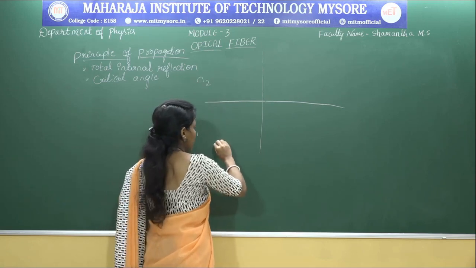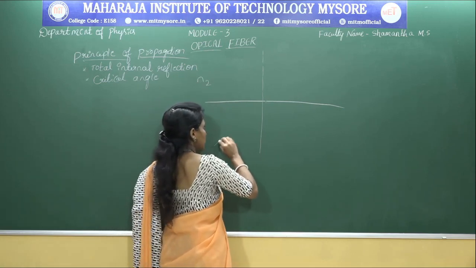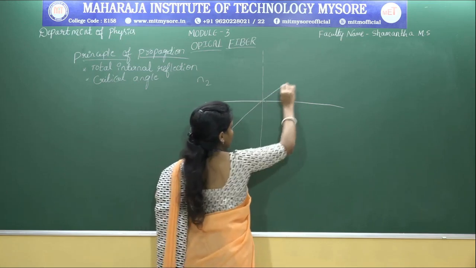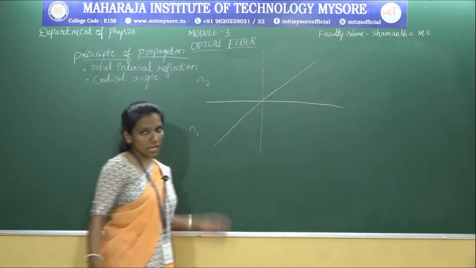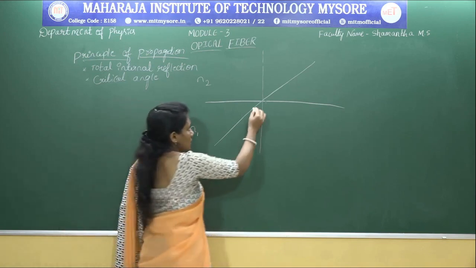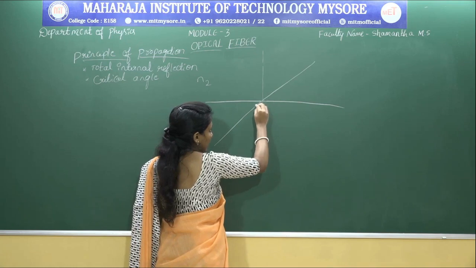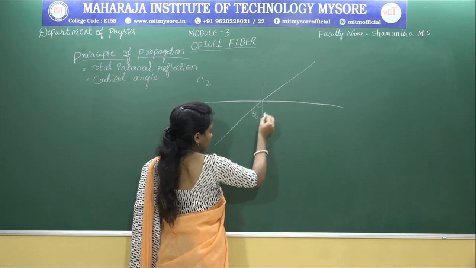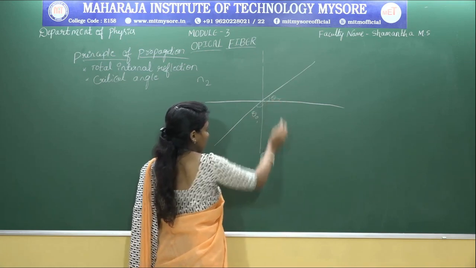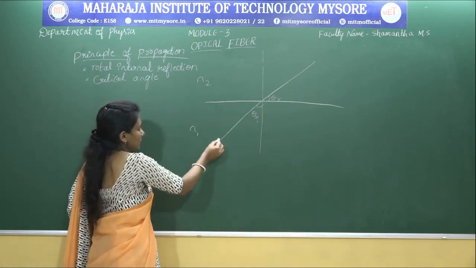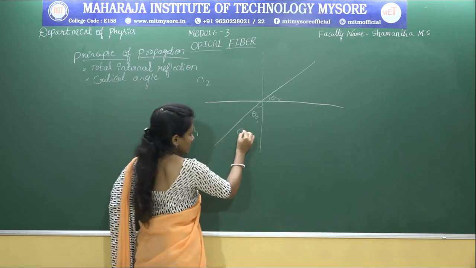When a ray of light travels from one medium to the other, first it will get refracted. This is the angle of incidence and the angle of refraction. The angle of refraction is greater than the angle of incidence.